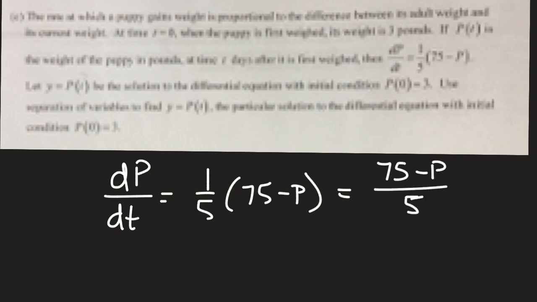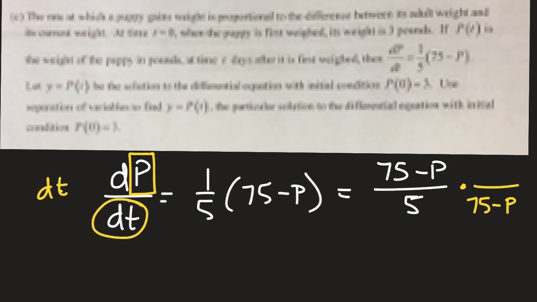Okay, that might help us, because how do we move our 75 minus p? If p is on top, we need all the p's on that side. So we're going to divide by 75 minus p and multiply by dt.